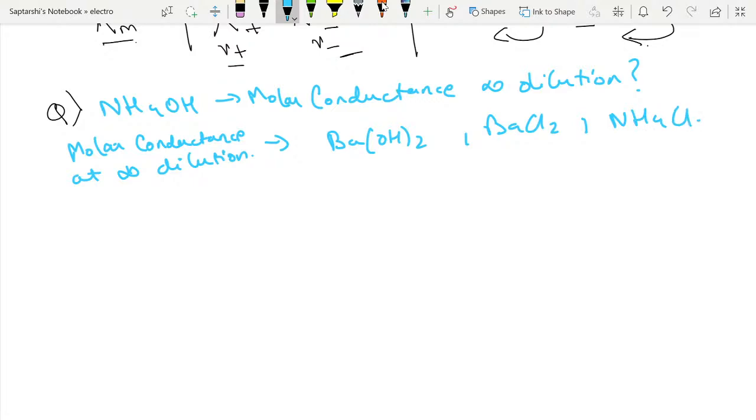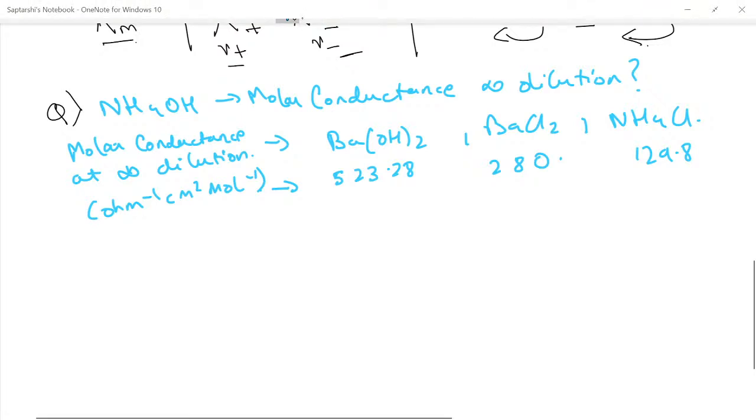So these are given. For barium hydroxide, the molar conductance at infinite dilution is 523.28. For BaCl2 it's 280, and for the last one it is 129.8. And they have given a unit for this: ohm inverse centimeter squared per mole. Great. And now we have to find out the molar conductance at infinite dilution for NH4OH.